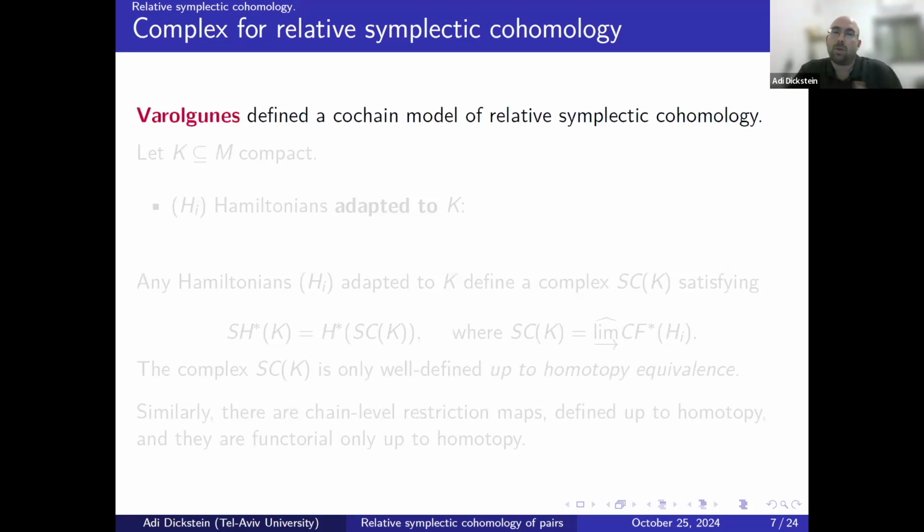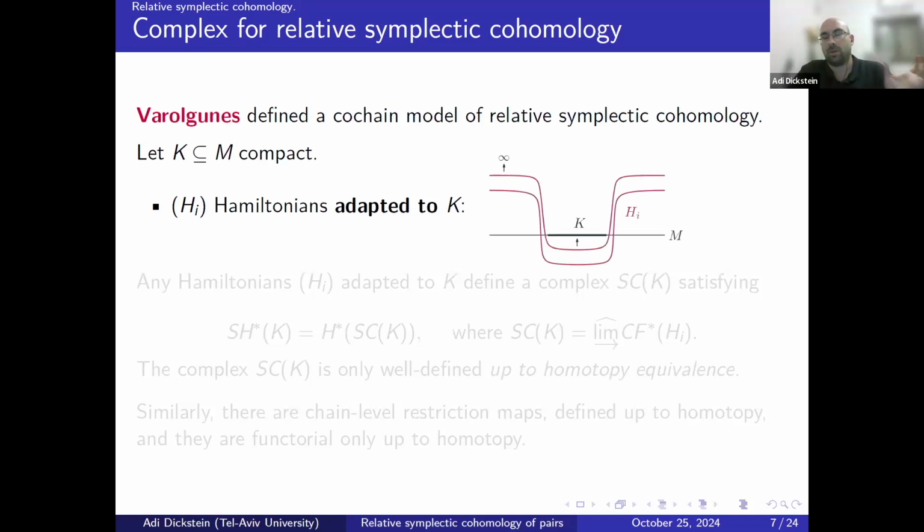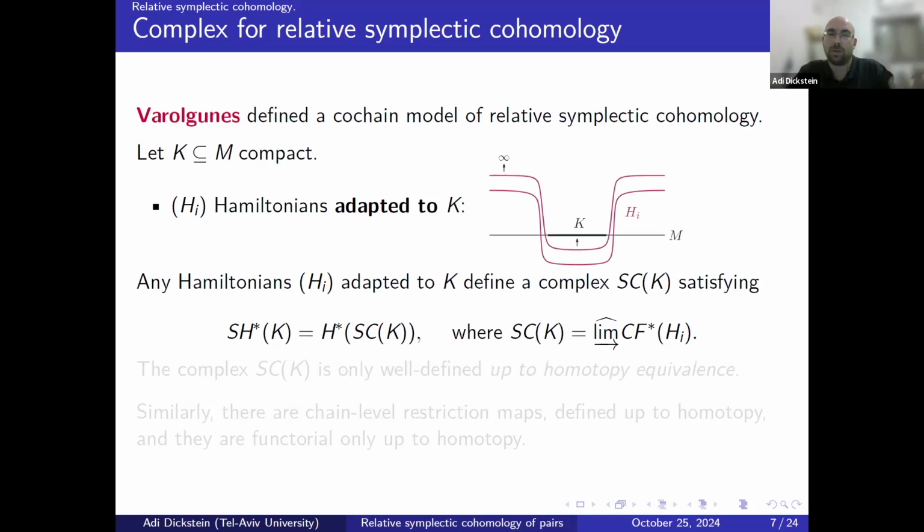Also, Varolgunes defined a model at the chain complex level. So what is a sketch of the definition? Given a compact subset K, we can consider a sequence of non-degenerate Hamiltonians, which is monotone and converges to 0 on the set and to infinity outside of the set. Then we define the complex of K to be the direct limit of the Floer complexes with a completion.